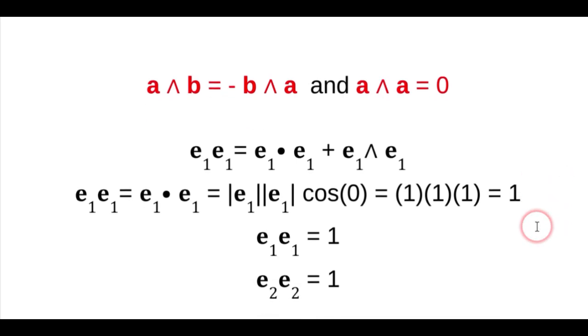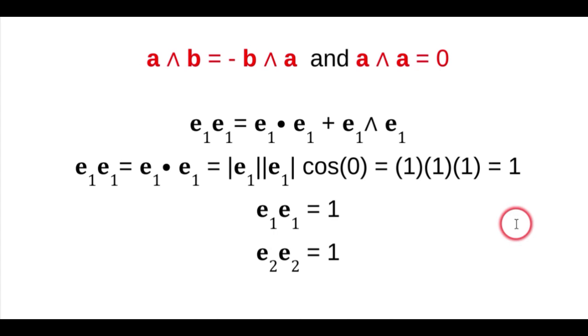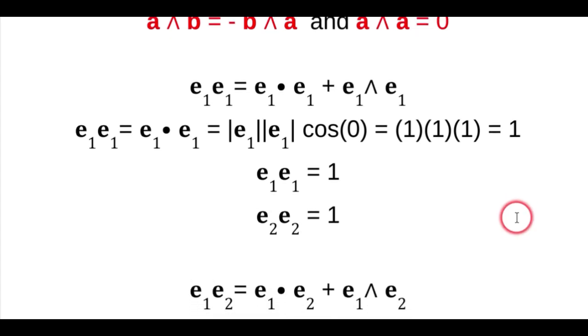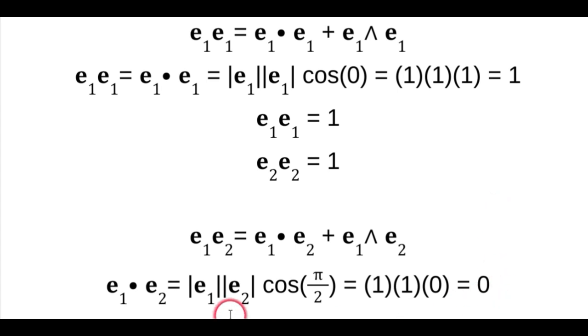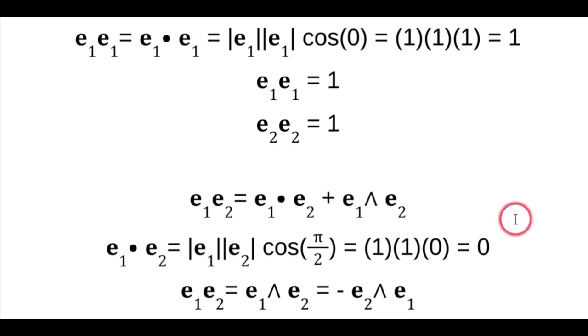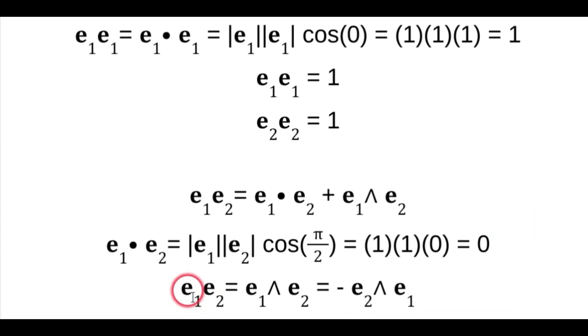E2, E2 equals 1 also, right? So what is the mixed one, E1, E2? Well, once again, we use the definition of the product. And what's the angle between E1 and E2? Well, they're orthogonal, so it's 90 degrees. What's the cosine of 90? Zero. So this drops out, and we're just left with the wedge. So the product E1, E2 is equal to the wedge E1, E2.